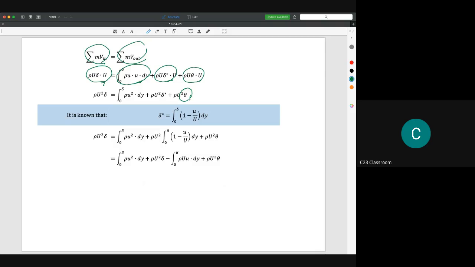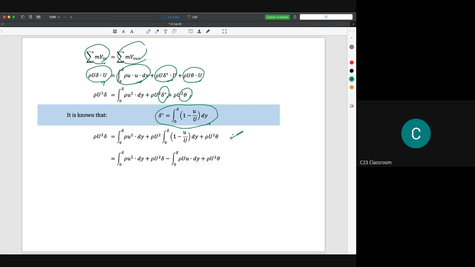However, in our terms we have delta star, the displacement thickness. So what we could do is replace the value of delta star with the equation that we found previously.